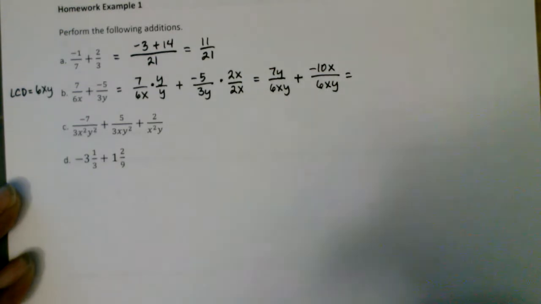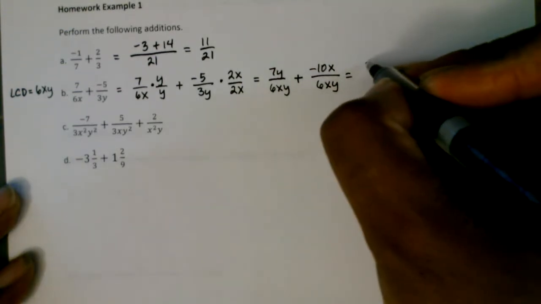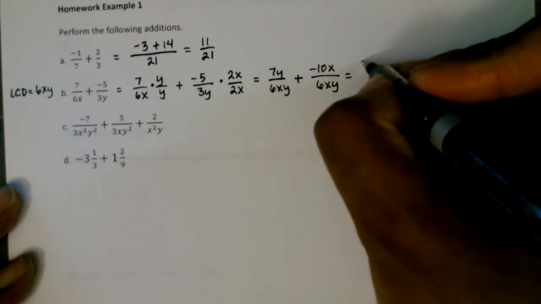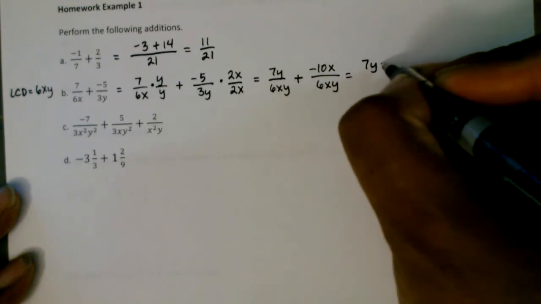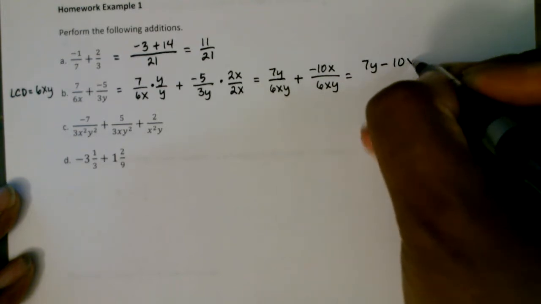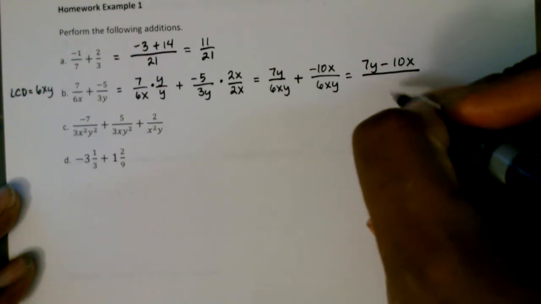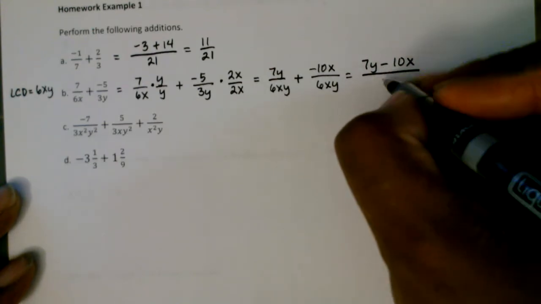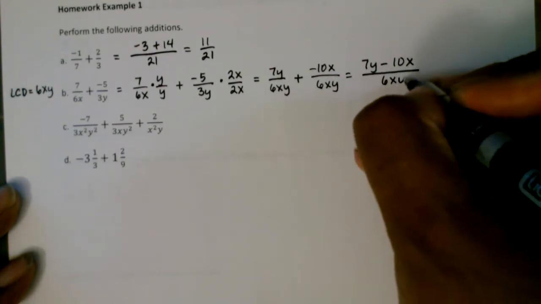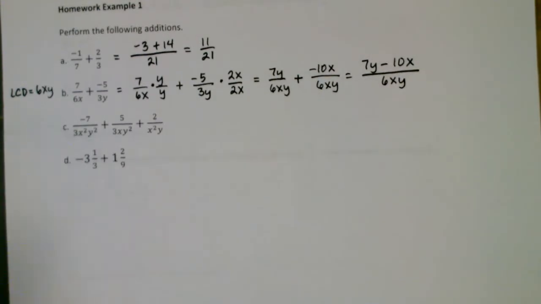Now what I'm going to do here is put all this under one denominator, so it'll be 7y. And I can write that as -10x, because plus a negative is the same as subtraction. So 7y minus 10x will be over 6xy. And that will be the final answer.